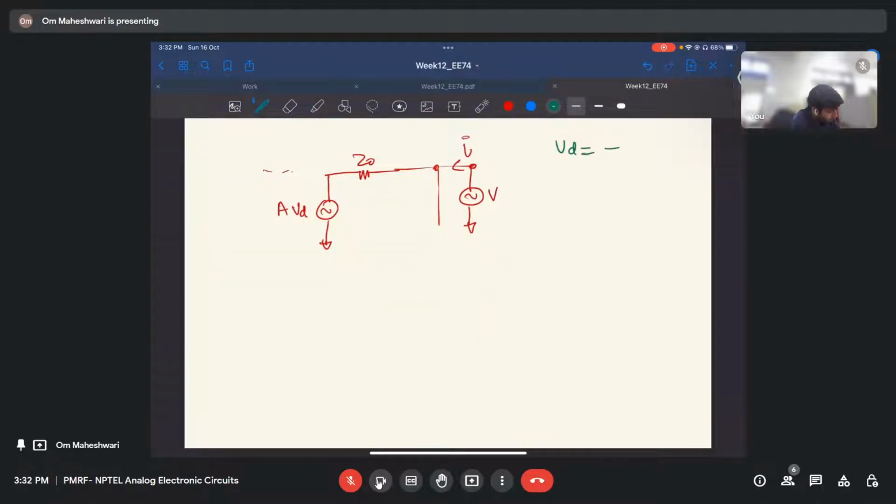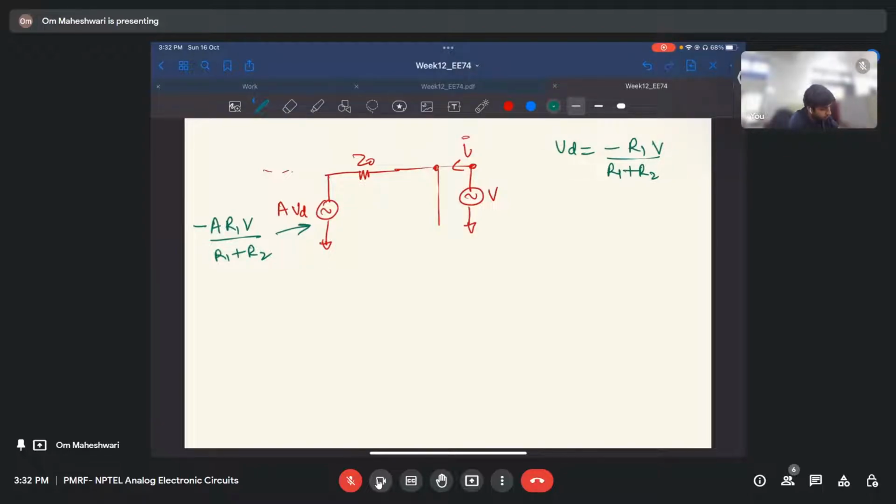VD was minus R1 by R1 plus R2 times V. So AVD will be simply this: minus A R1 V by R1 plus R2 is the voltage here. V is the voltage here.